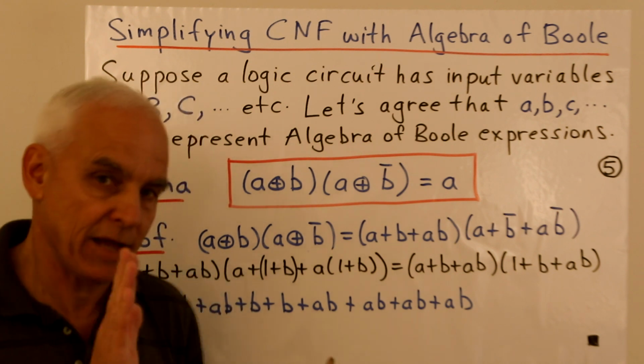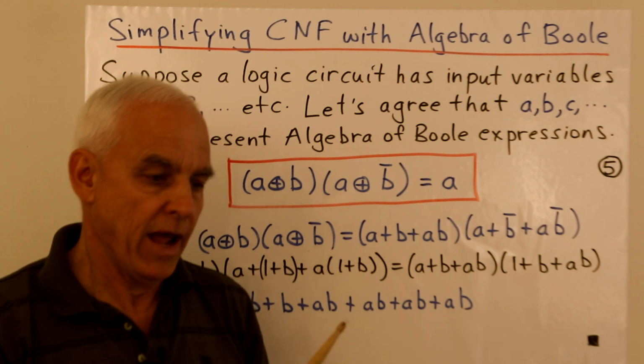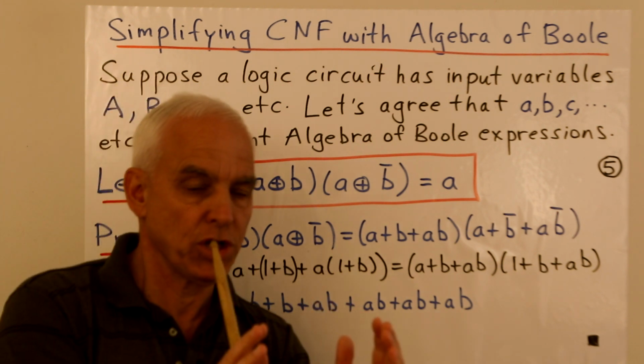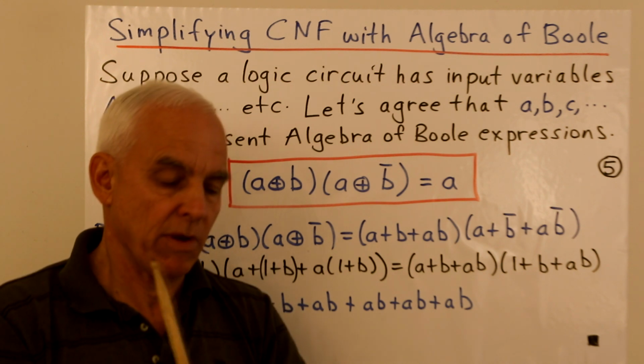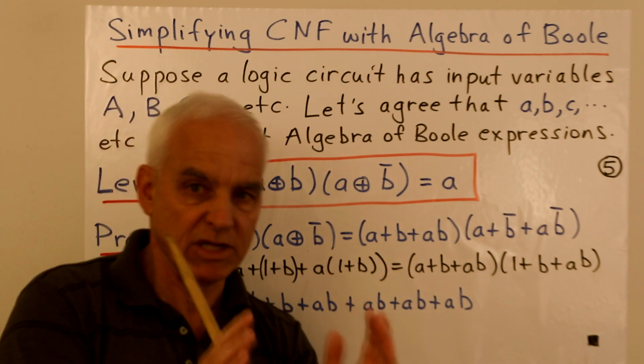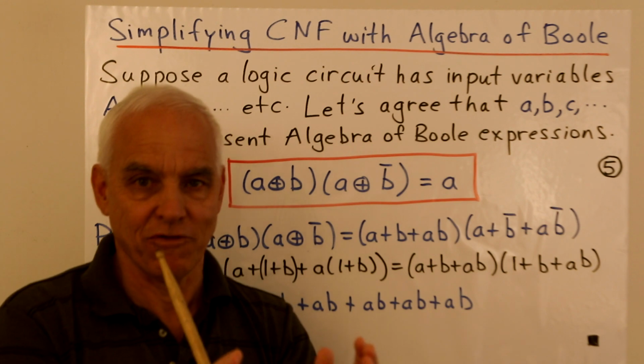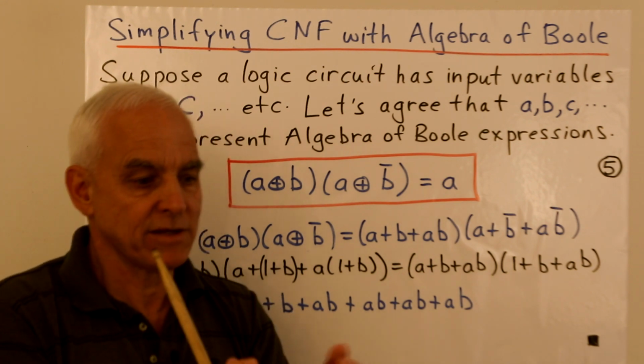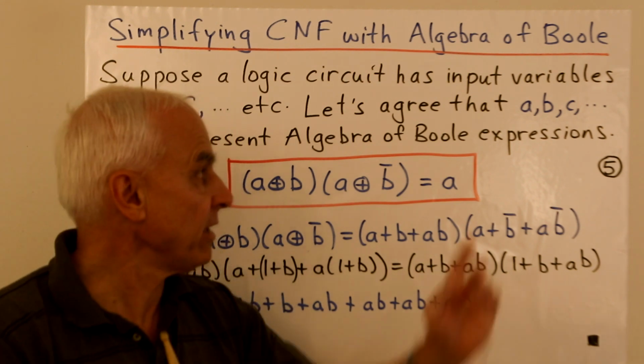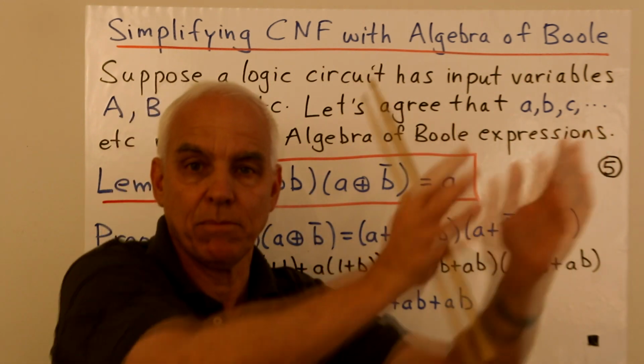So the capital letters are the inputs, and then maybe we have a portion of a gate representing some expression, ultimately an algebra of Boole expression, and we might talk about that portion as being little a, and this other portion is little b, and so on.